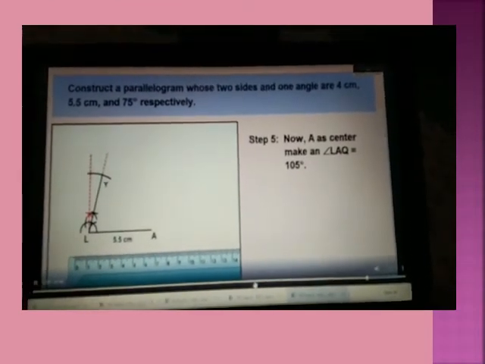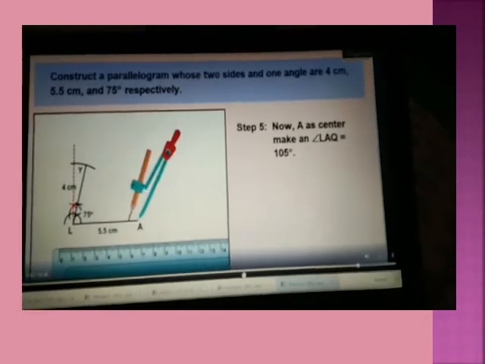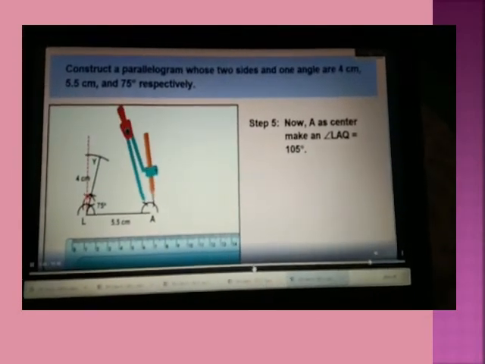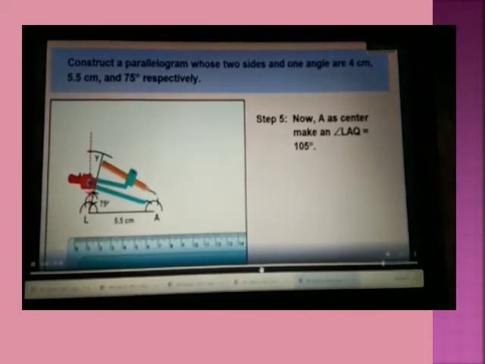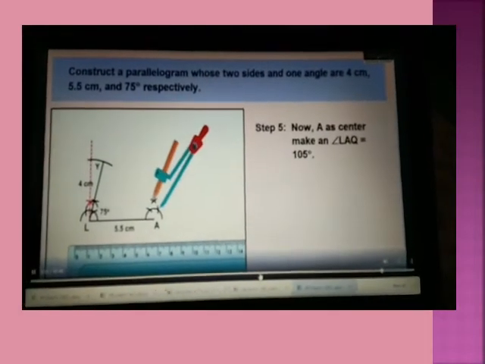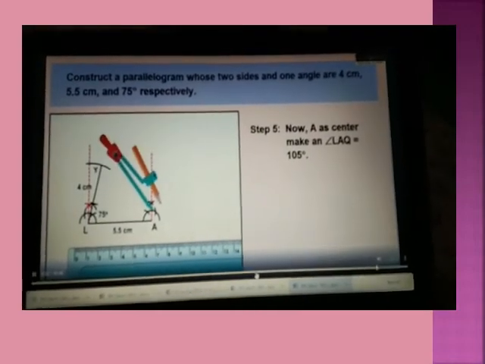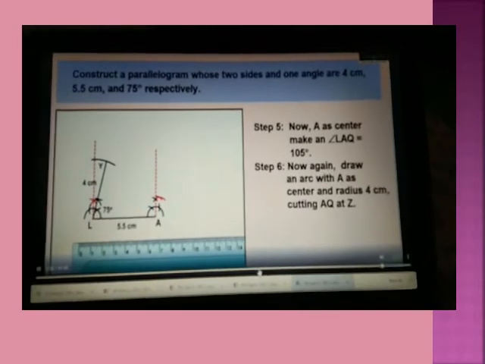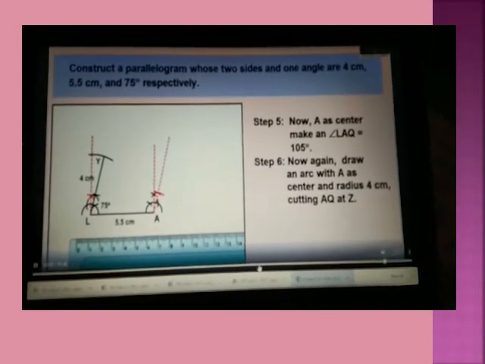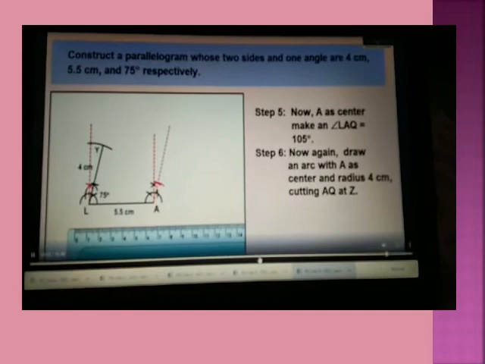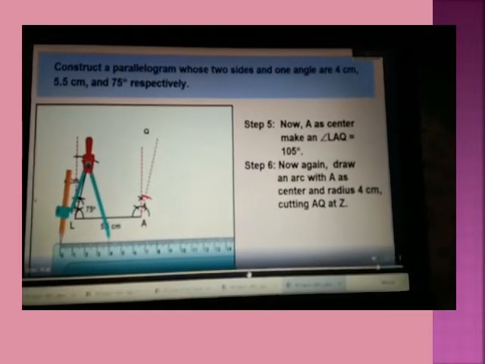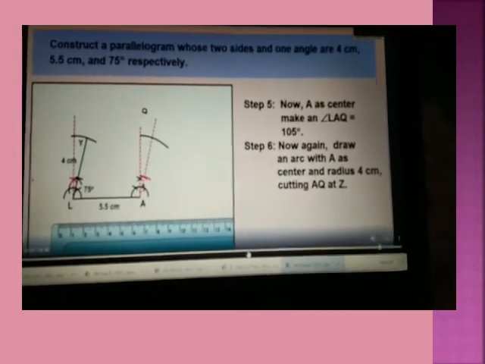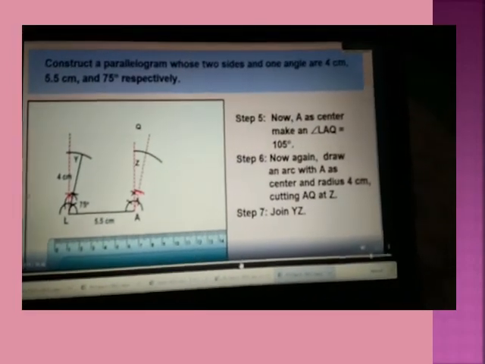Step 5. Now, with A as center, make an angle LAQ of 105 degrees. Step 6. Now again, draw an arc with A as center and radius 4 centimeters, cutting AQ at Z. Step 7.